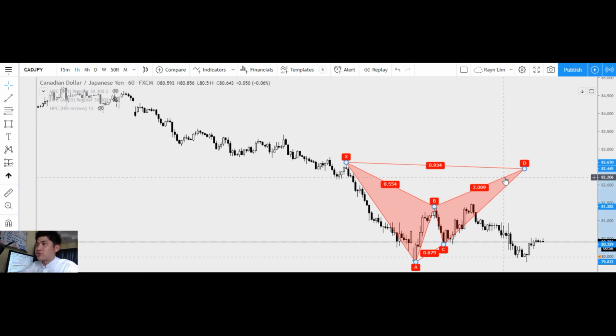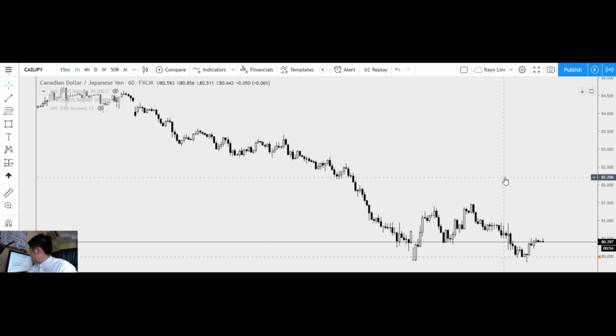There are two sets of rules for harmonic pattern, and of course, not to confuse my students and readers, this could be a shark pattern as well. We just leave it as it is. So yeah, that's why this double bottom I'm going in to buy as a double bottom. All right, so I'm going to engage as per that.